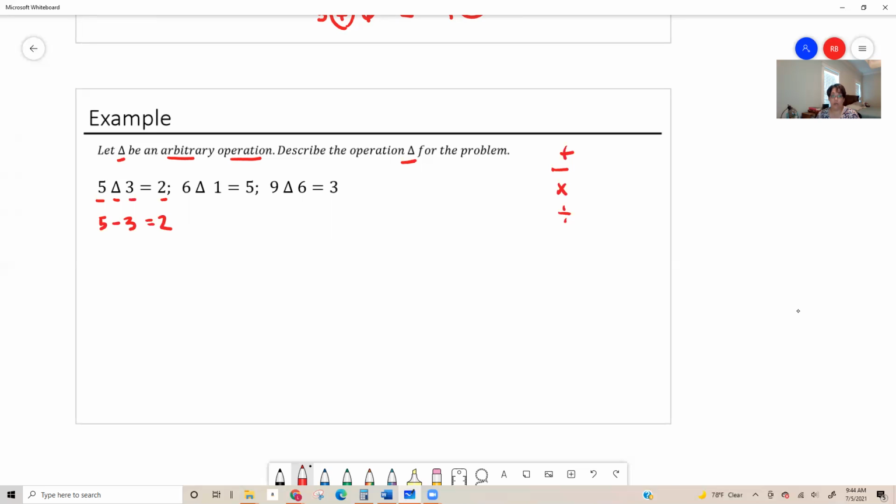My original hunch is that this is probably going to be minus each time. So they've given you 3 different operations here, so we want to make sure it works for each one. So 6 minus 1, does that equal 5? Yes. And 9 minus 6, does that equal 3? Yes.